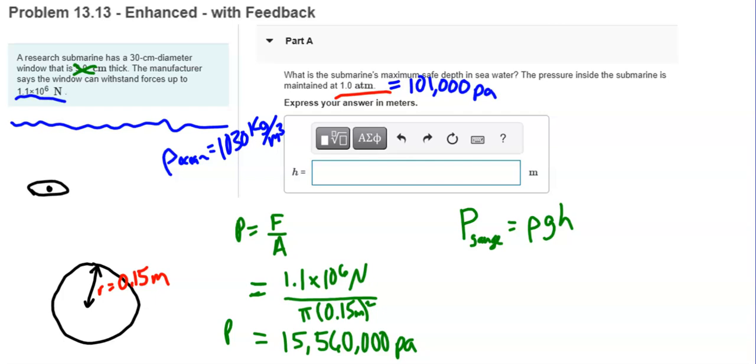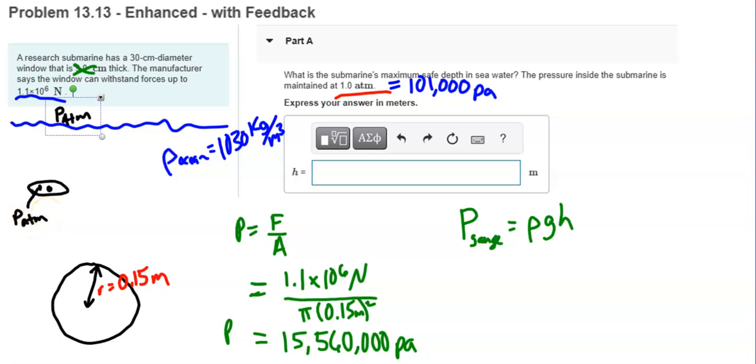Now, for conceptualizing this problem, at first I thought I was going to have to account for the atmospheric pressure inside the submarine pushing out and the pressure of the water pushing in. However, after thinking about that some more, I realized that the pressure at the surface of the ocean is atmospheric pressure, and the pressure inside of the sub is also atmospheric pressure.